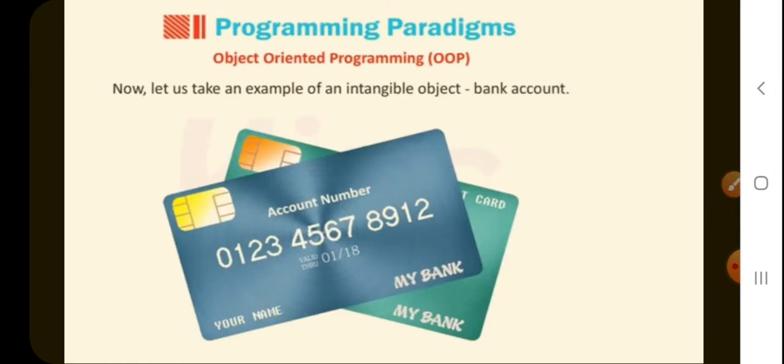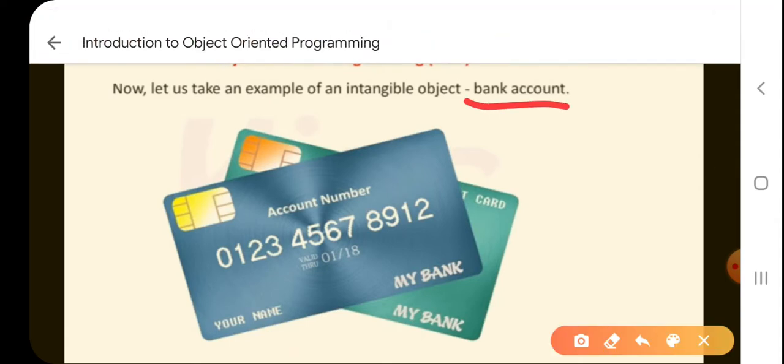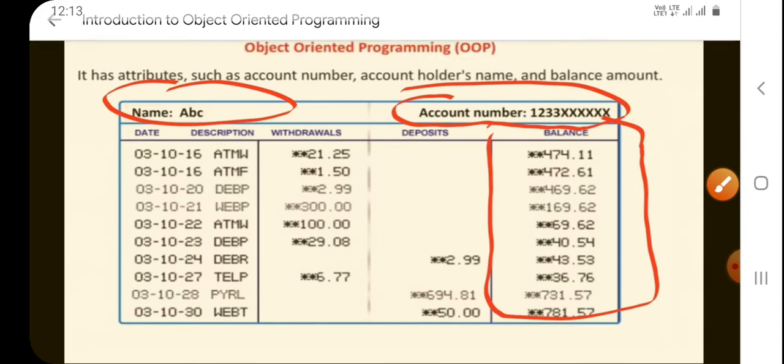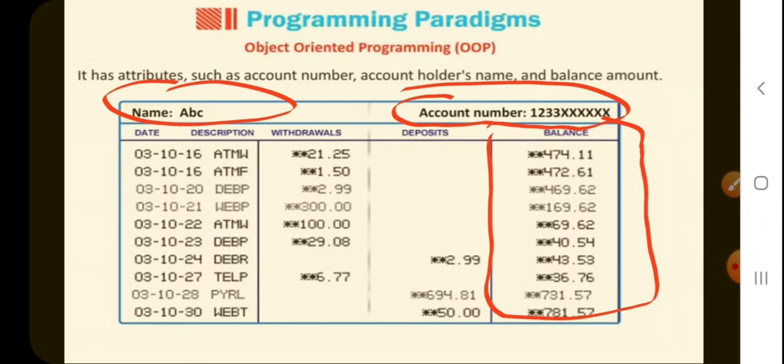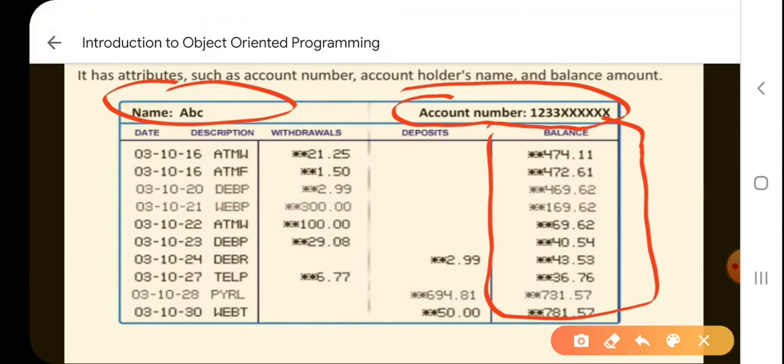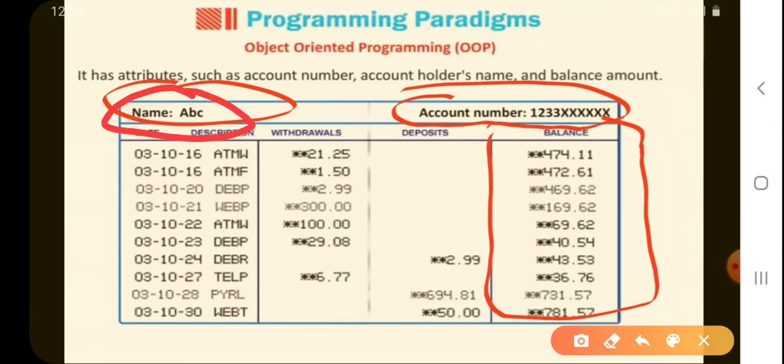Next, let's take an example of an intangible object such as a bank account. What are the attributes of an intangible object such as a bank account? The name of the account holder is an attribute of the object bank account. The account holder's name, account number, and the balance are all attributes.